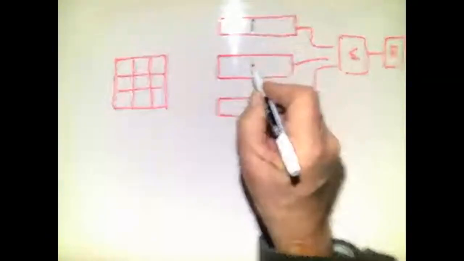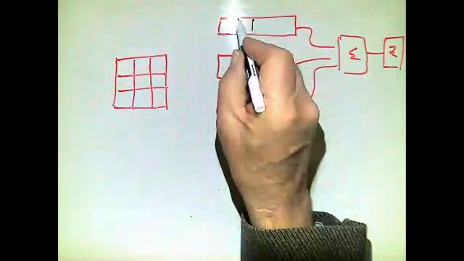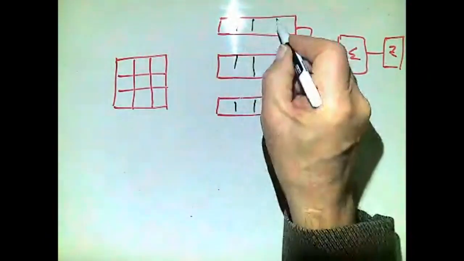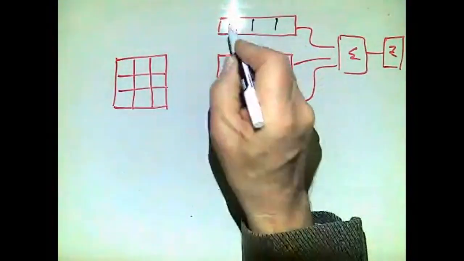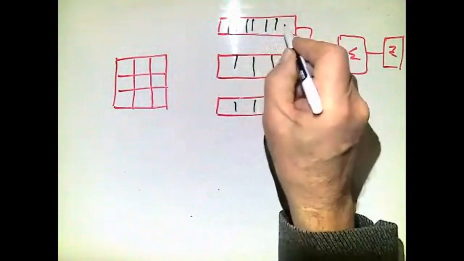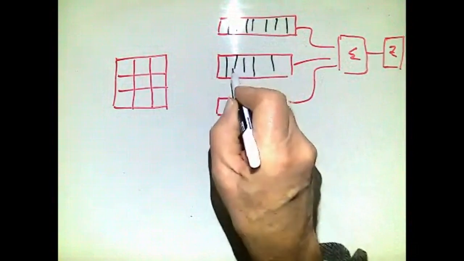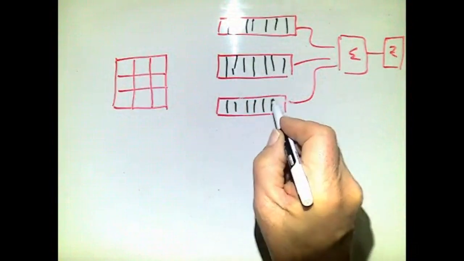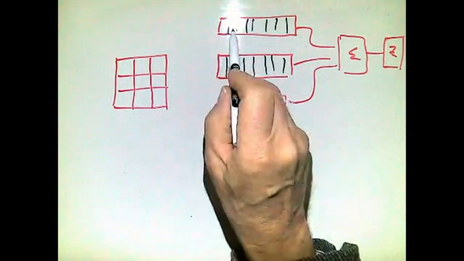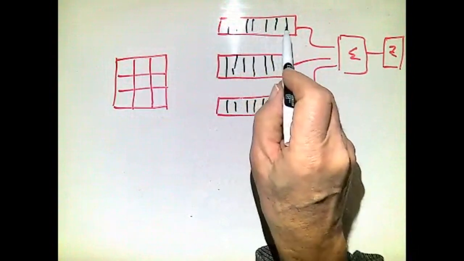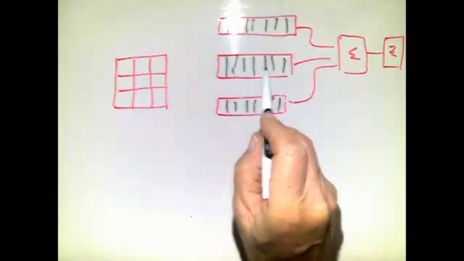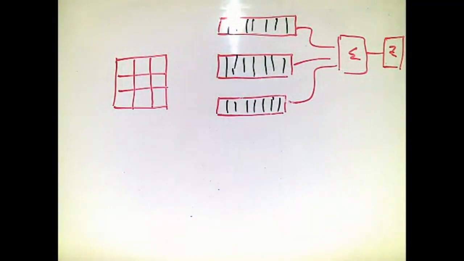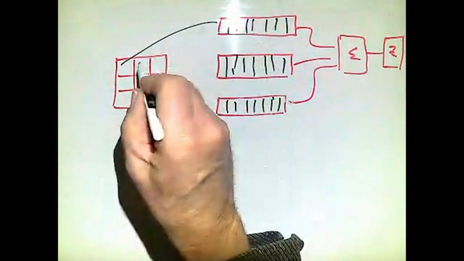We should have 8 cells in each of them. 1, 2, 3, 4, 5, 6, 7, 8. 1, 2, 3, 4, 5, 6, 7, 8. That's correct. And we're going to have the inputs.